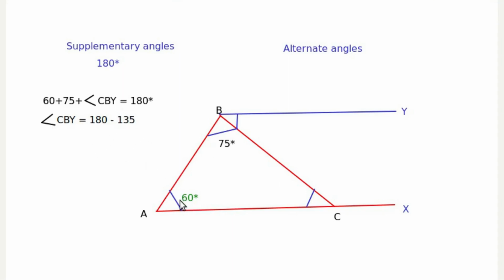So if you subtract 135 from 180, you get angle CBY. So angle CBY is equal to 45 degrees. So here it is. When we subtracted 135 from 180, we got 45. So this angle CBY is equal to 45 degrees.